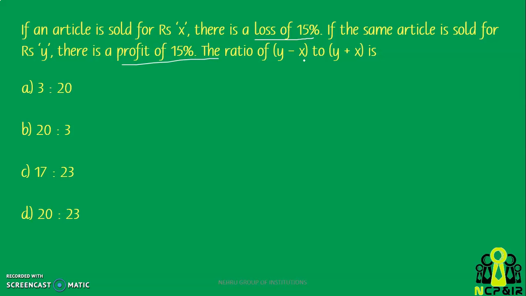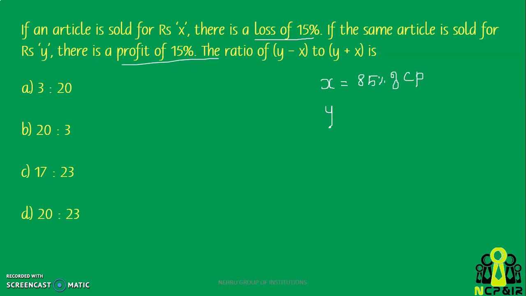When something is sold at a loss of 15%, we know selling price is equal to 100 plus or minus the percentage, depending on the profit or loss. So when selling price is X, this is a loss of 15%, meaning 100 minus 15, that is 85% of cost price.